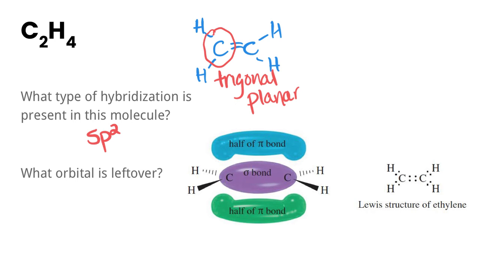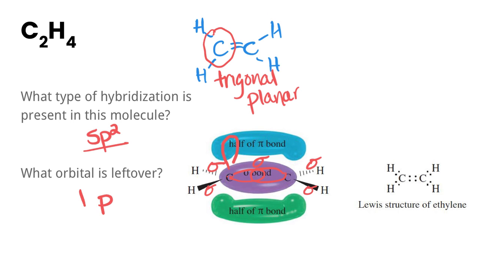So what's happening here is that between the carbons, we have sp2 hybrid orbitals overlapping end to end, so that's going to form a sigma bond. Between the carbon and the hydrogen, similar to ethane, they're going to form sigma bonds. And then for the double bond, what's left over, if we've got sp2 hybrid orbitals, is one p orbital left over on each carbon.